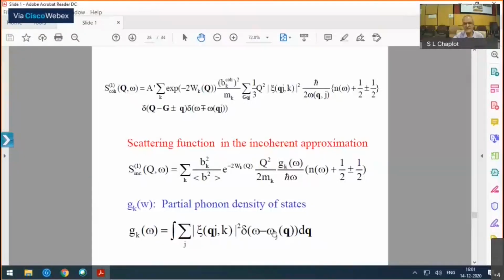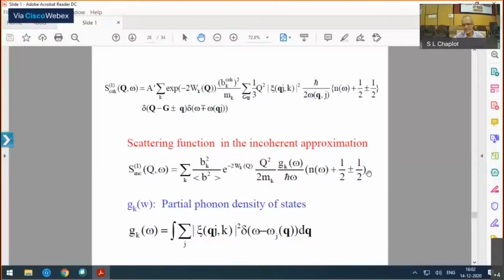So this is defined, then the total intensity that we measure will be proportional to the sum over all the partial phonon density of states weighted by the scattering length square, the corresponding Debye-Waller factor, and of course the phonon population factor, which is always there.